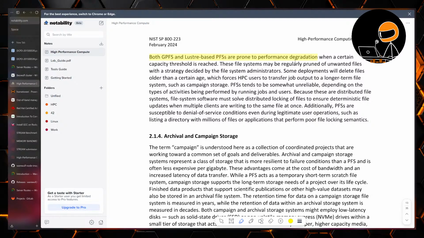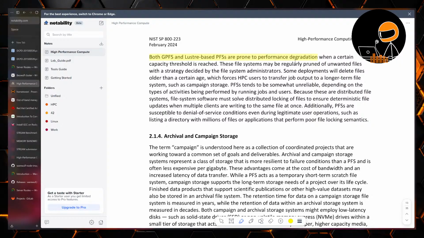Parallel file systems tend to be somewhat unreliable, depending on the types of activities being performed by running jobs and users. Because these are distributed, file system software must solve distributed locking of files to ensure deterministic file updates when multiple clients are writing to the same file at once.